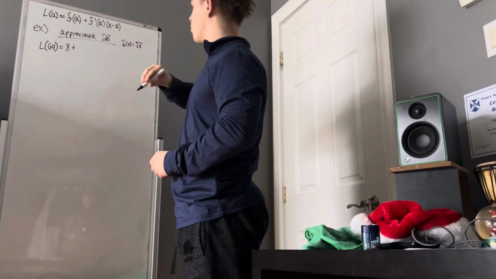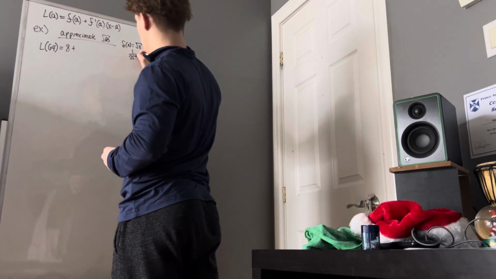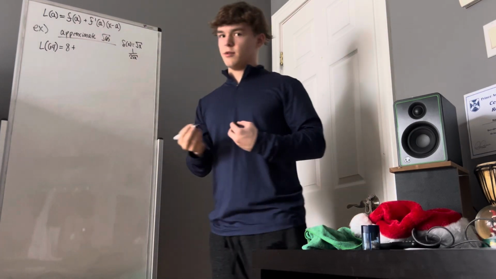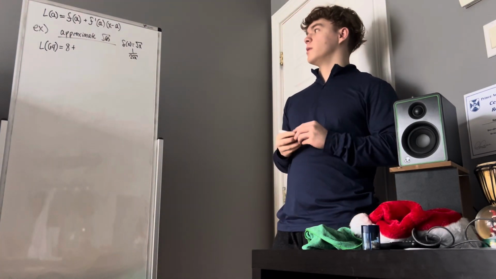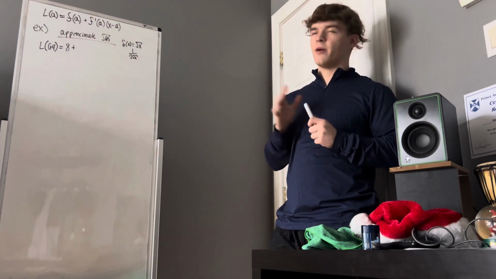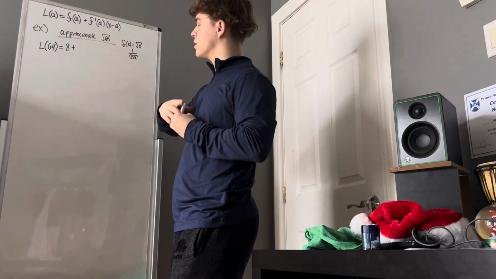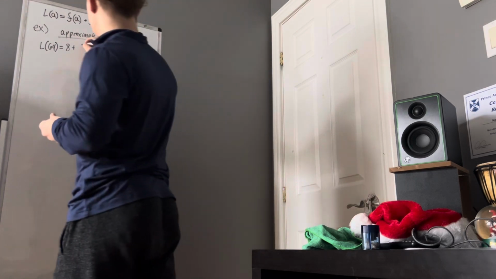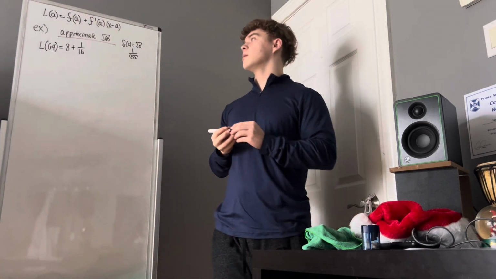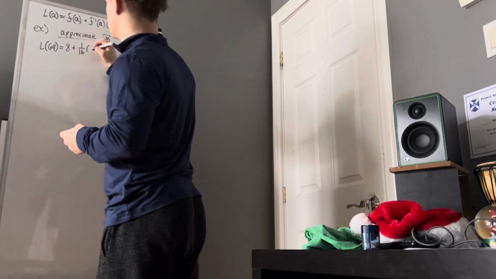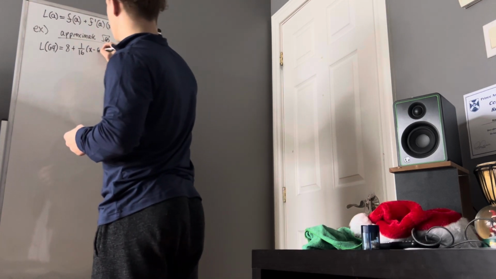Plus f prime of a. Well, what's f prime of x? That would be 1 over 2 root x. You guys can double check me on that. It's just a simple power rule, but it's one you might want to memorize. So 1 over 2 times root a, which we found was 8, is just 1 over 16. 1 over 2 times 8, 1 over 16, same thing, times x minus, what's our point A? 64.